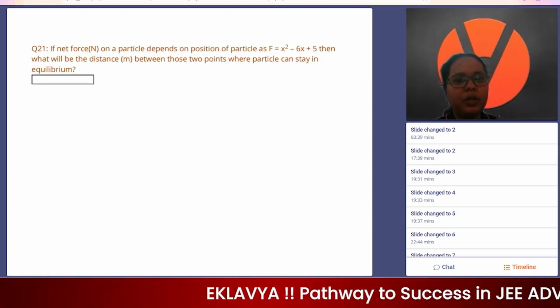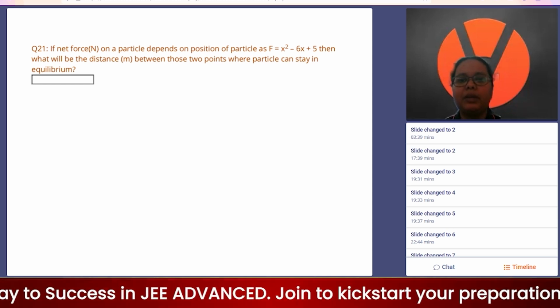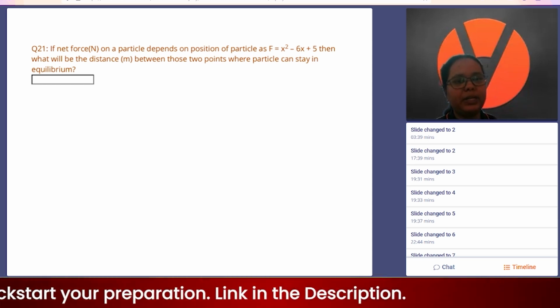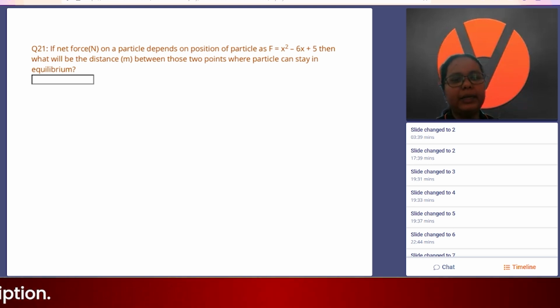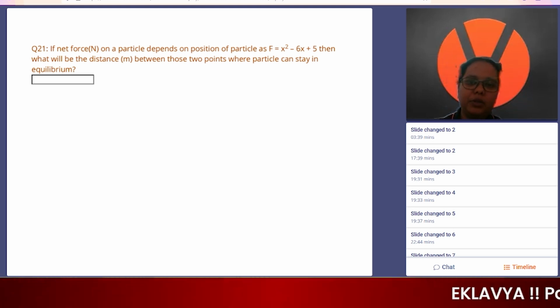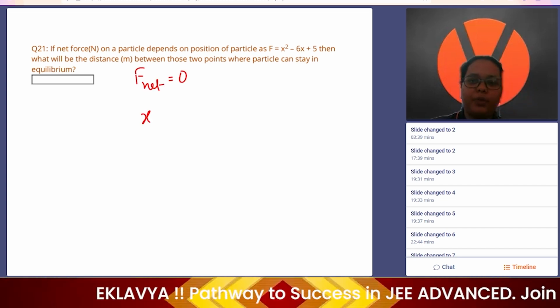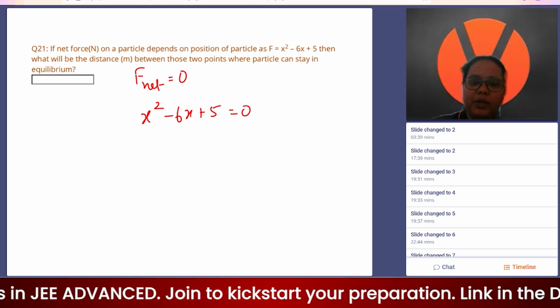If the net force on a particle depends on the position of the particle as F is equal to x square minus 6x plus 5, then what will be the distance between those 2 points where the particle can stay in equilibrium? Equilibrium means net force is equal to 0. So x square minus 6x plus 5 is equal to 0.